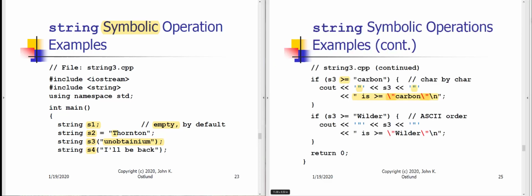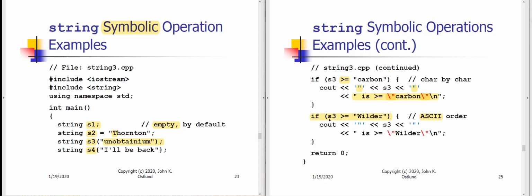Okay, so changing back to the remainder of the code on slide 25, our final if decision here is comparing whether S3 is greater than or equal to Wilder. Now, your first instinct might be that unobtainium, U, is not greater than or equal to W, but in fact, because we're dealing with the ASCII character set, capital W does come ahead of little u.